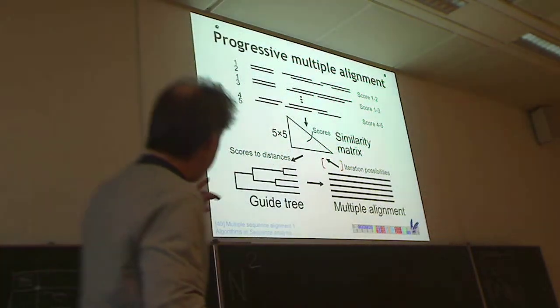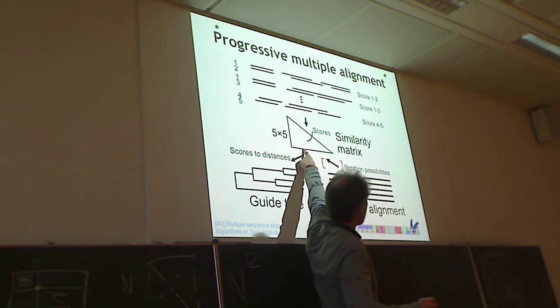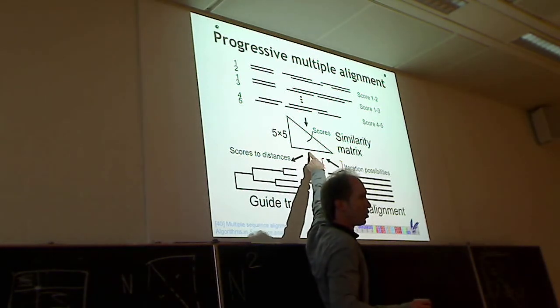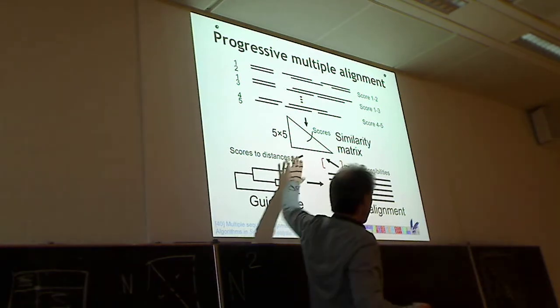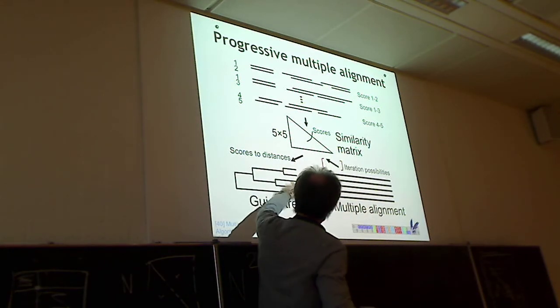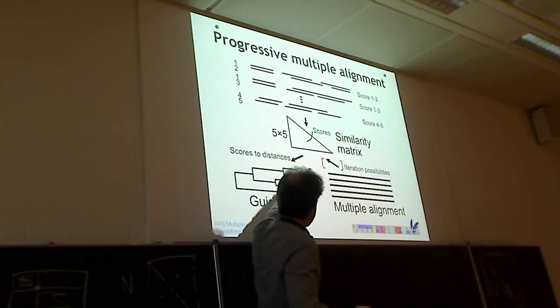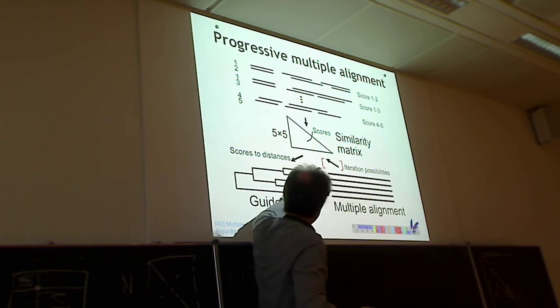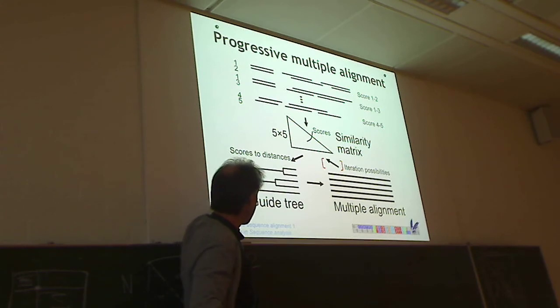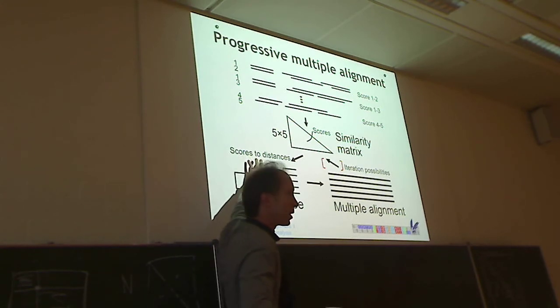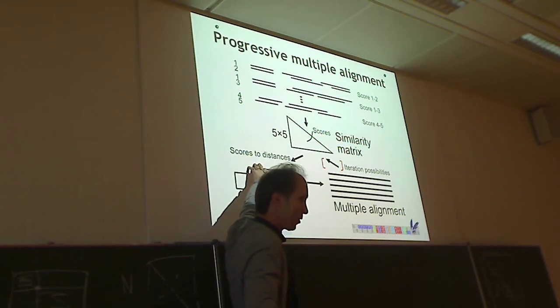Then you fill in the similarity matrix using the scores. Maybe you convert into a distance matrix, depending on what the program wants to make a tree. And then you have the order, and this tree clearly establishes: first align these sequences, then these two, then the 2 blocks of 2 sequences, and then 1 sequence against the pre-aligned block of 4 sequences. That's how you do it.